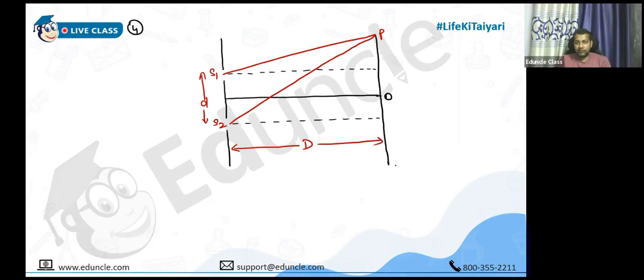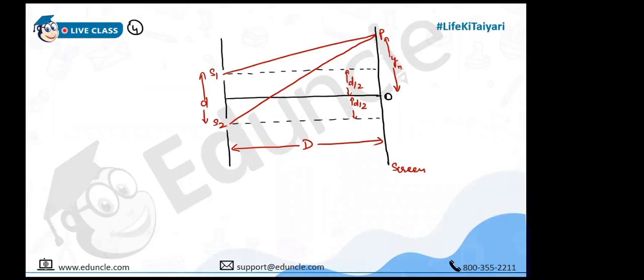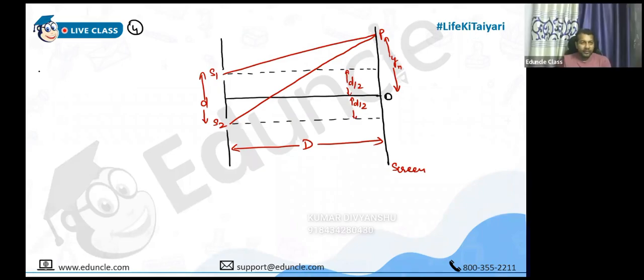Distance of the slits from the screen is capital D. So this is b by 2, this is b by 2, and let this distance be y, of course yn, depending upon whether it is nth maxima or minima. Clear?